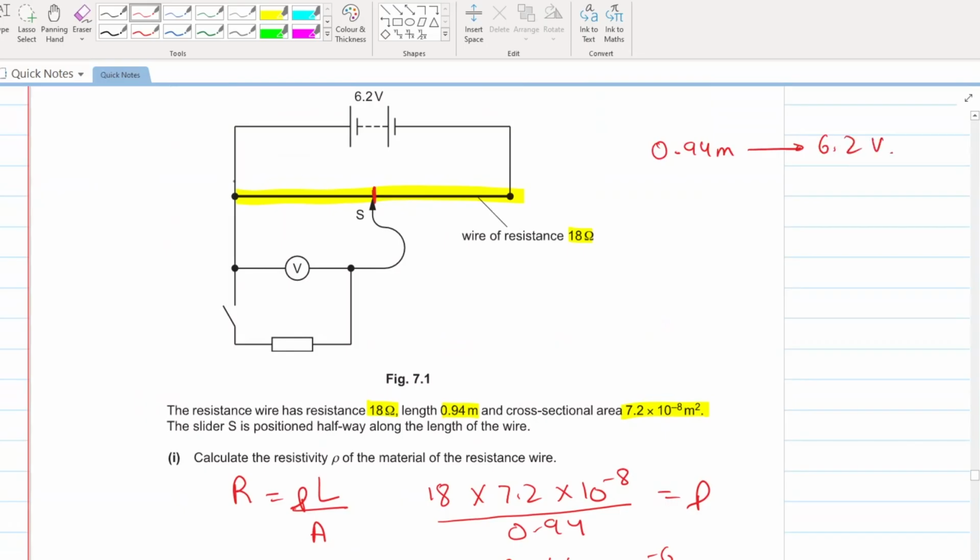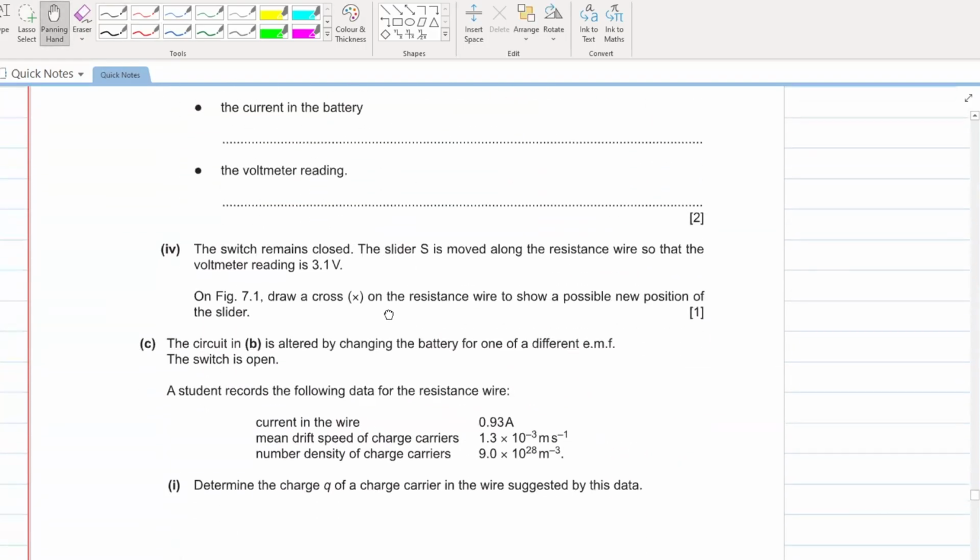Halfway is 0.47 meters. At a length of 0.47 meters, what will be your voltage? X. Cross multiplied, X comes out to be 3.1 volts. Nothing complicated. Let's then move ahead.